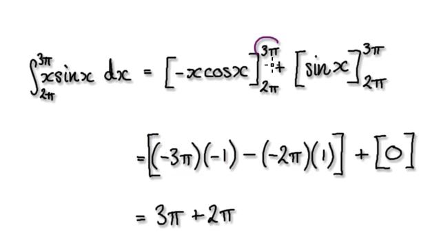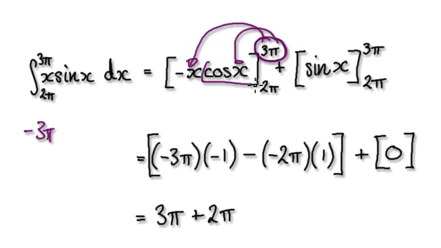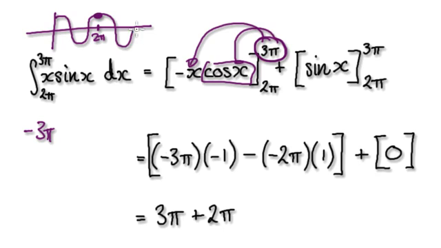Let's try and do it. Let's put this into here, so that will be negative 3 pi. And then we've got to put this into here. Remember your cos graph looks like this. This here is 2 pi, and then this here is 4 pi.